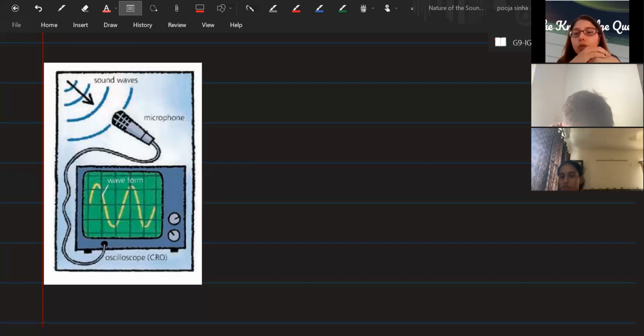The oscilloscope uses this signal to make this up and down oscillation on the screen. What you see is called a waveform. So the oscilloscope provides us a waveform. You must have seen something like this before. Where did we see it?